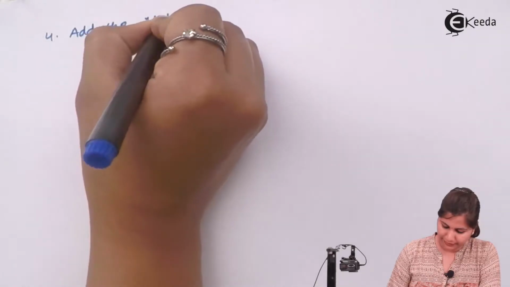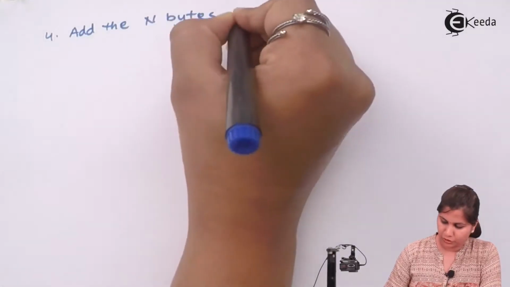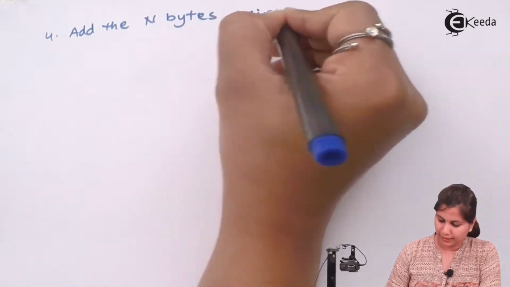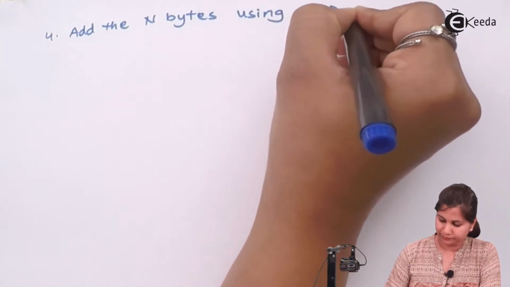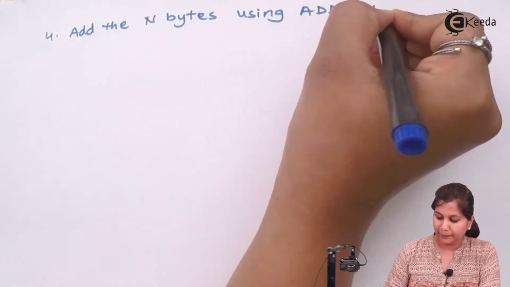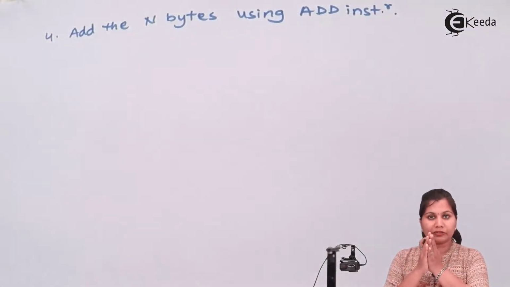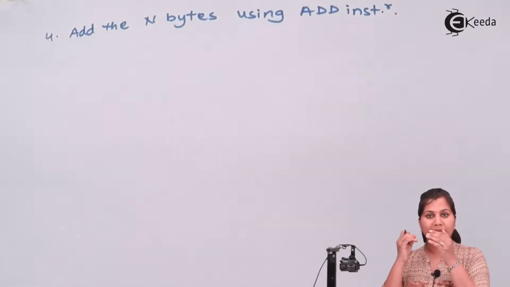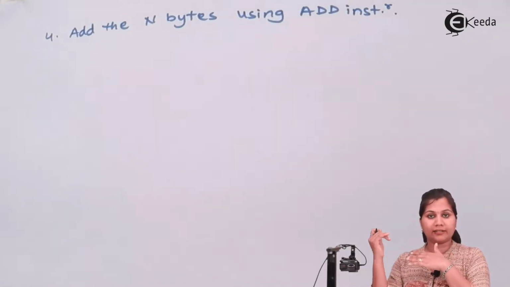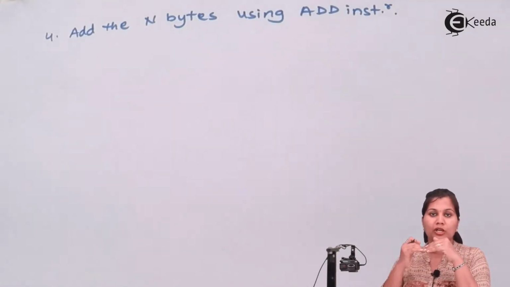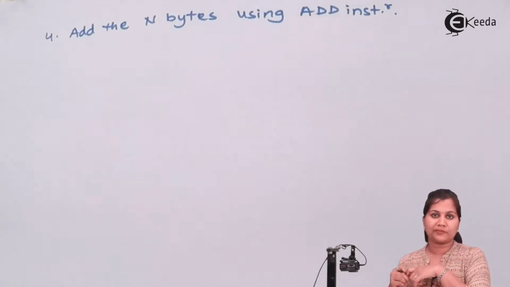Add the n bytes using the add instruction. Byte by byte, all the numbers will be added. First and second number will be added, then their result will be added with the third number, then that result will be added with the fourth number. So byte by byte, two numbers will be added.